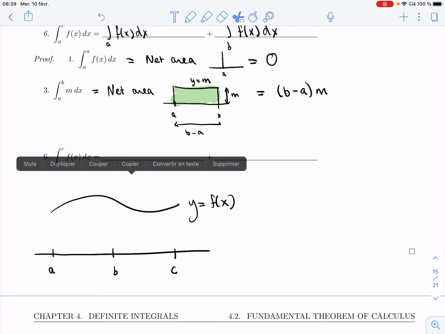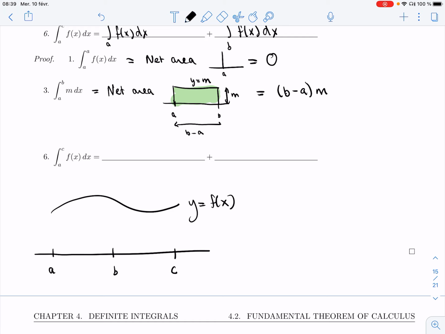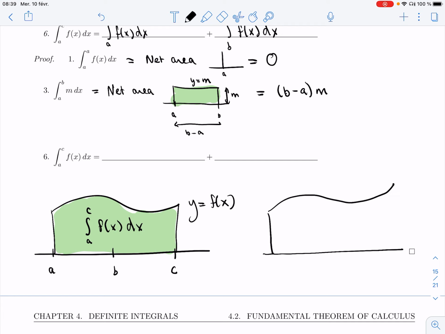All right, so if we take the integral from a to c, I'm going to get the net area of all of this. But I can compute this in 2 steps. I could divide the same region and split it up at B, right?